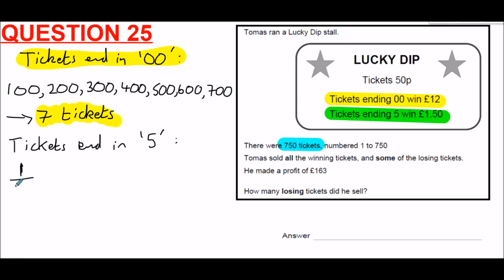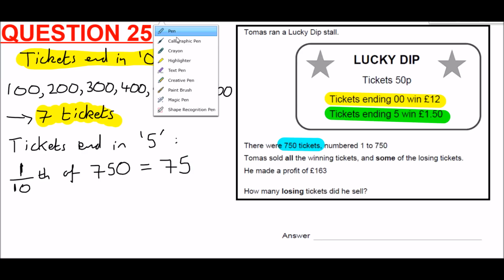So 1/10 of the tickets will end in a 5. Because tickets ending in a 5 have got to end in one of the 10 digits, and 5 is just one of those 10. So tickets ending in a 5 will be 1/10 of 750, which would be 75 tickets.